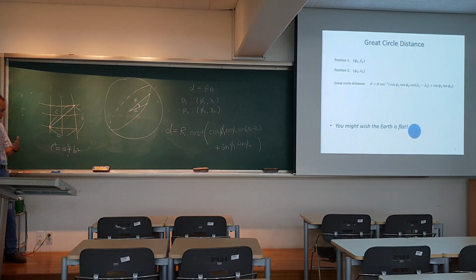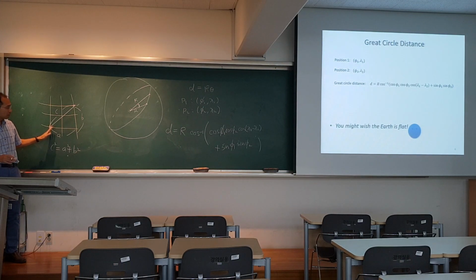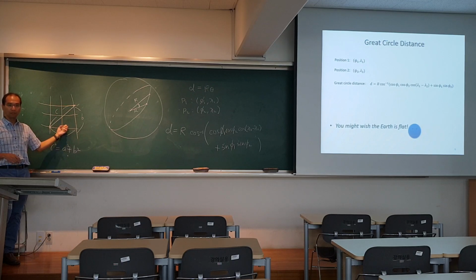That's what you might intuitively think. So this will give you an approximate distance as far as the area is small and the location is not too far up north or south. But near the North Pole or near the South Pole, it's just going to completely fail.